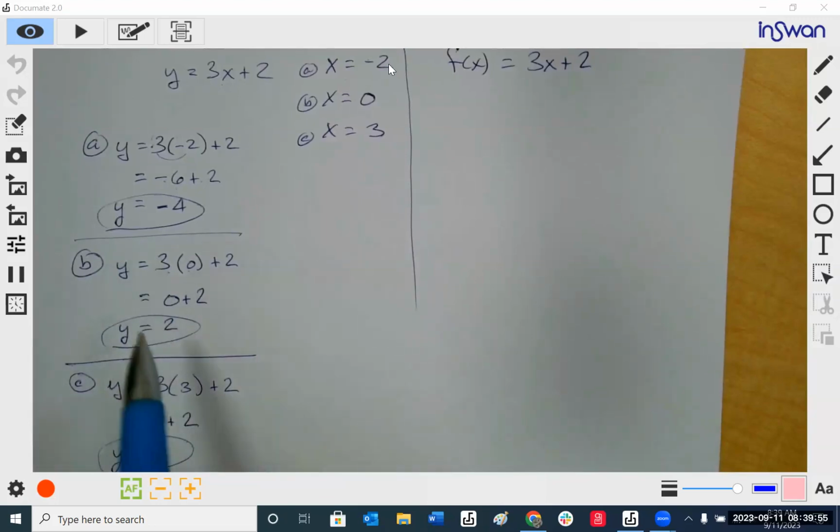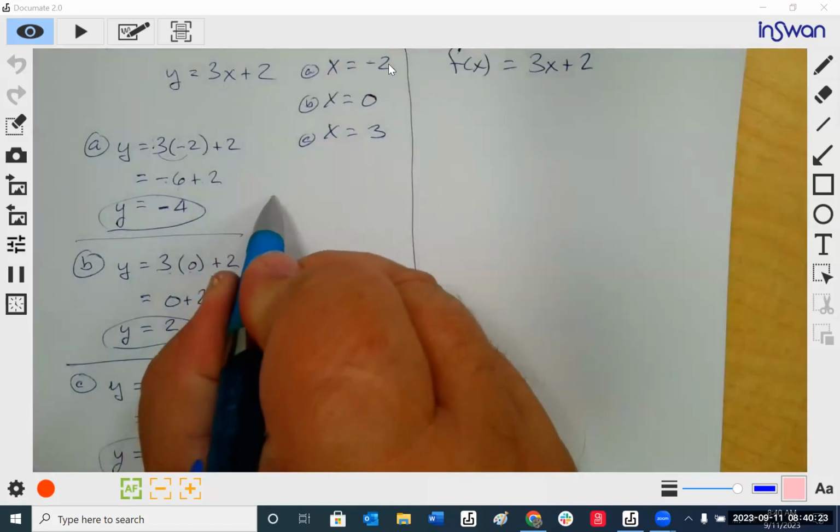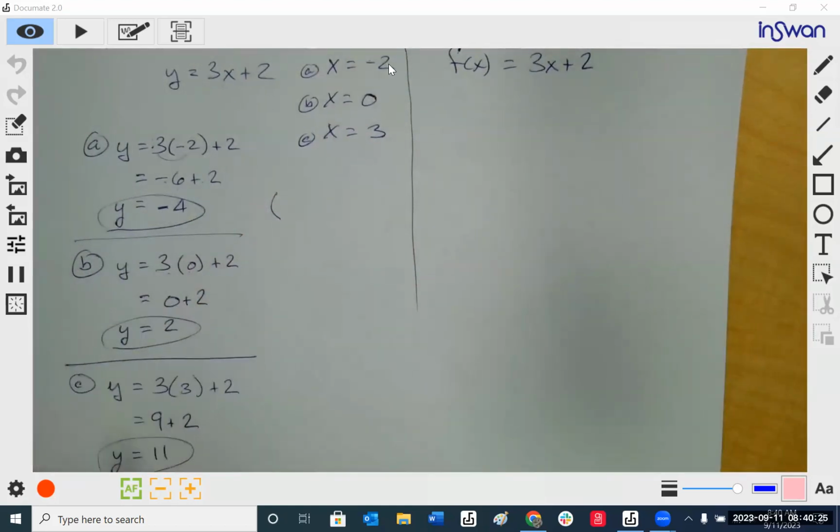So what do these find for us? What good are they for us? Actually, what do they represent? They're points on a line. In order to see what was happening here, we'd have to plot all these.